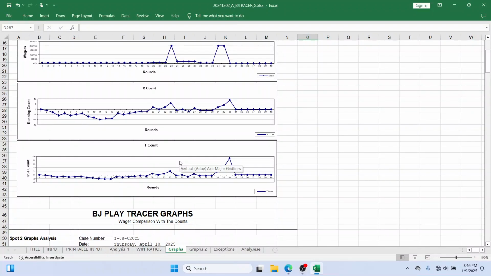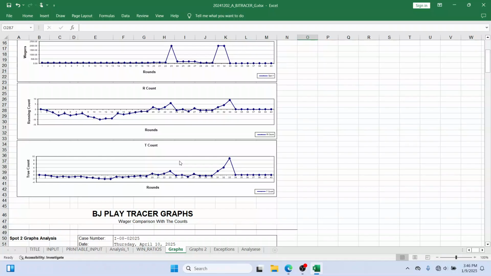If you're playing with a 6 deck shoe, the accuracy of the true count becomes better as there are fewer cards inside the shoe.